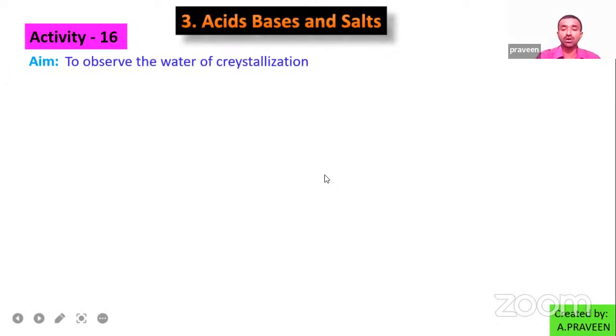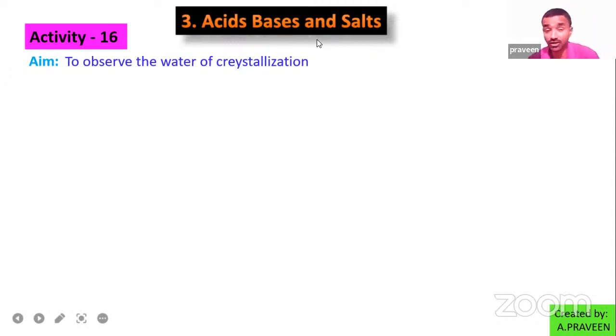So what is water of crystallization here? Crystal means solid. In the solid, do you have any water droplets? Is it a dry salt or a wet salt?